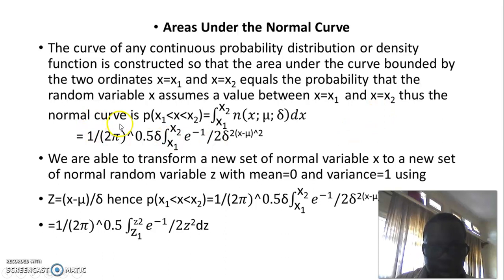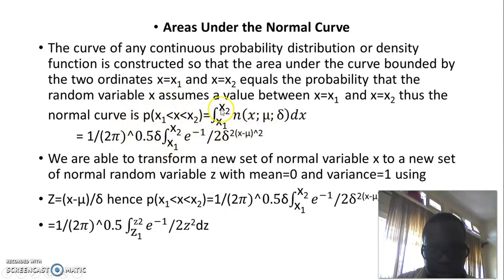Thus, the normal curve is given by the probability of x1 less than x less than x2. So the area under the normal curve between x1 and x2 gives us the probability within that interval.